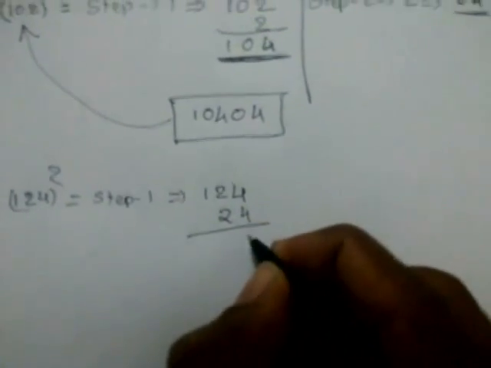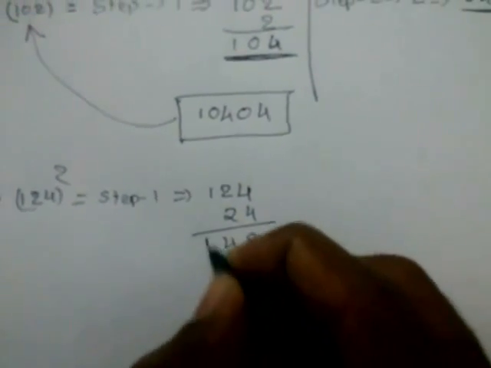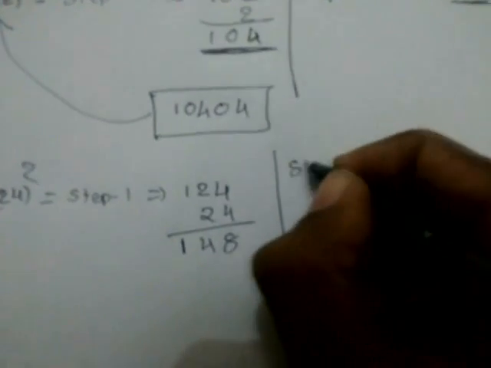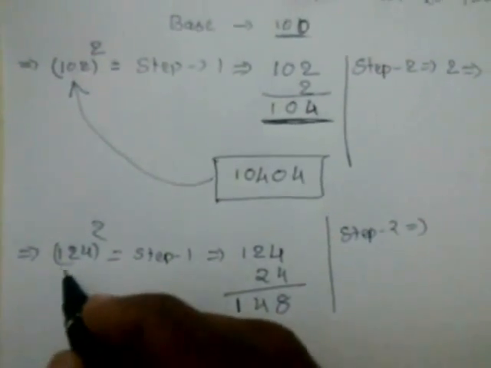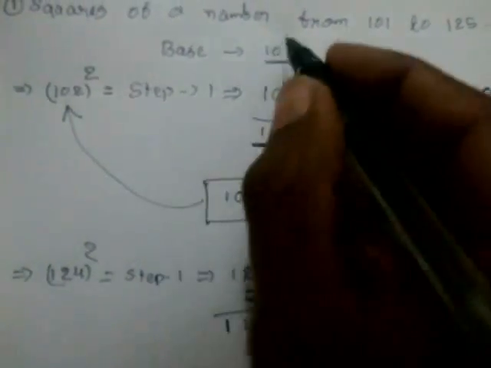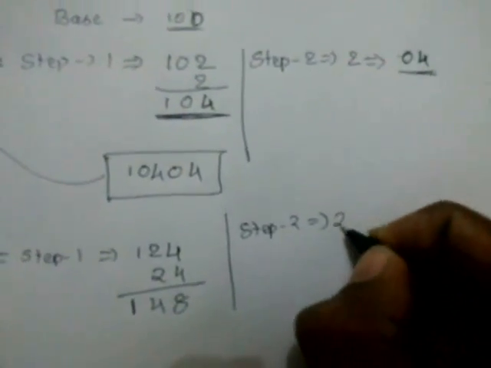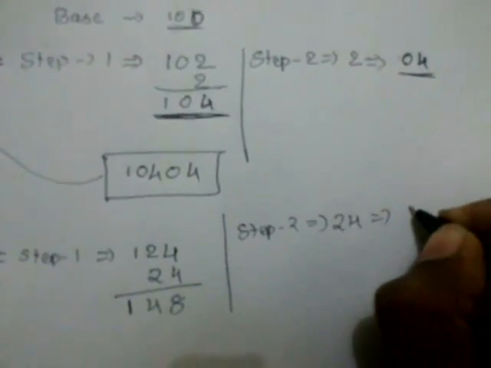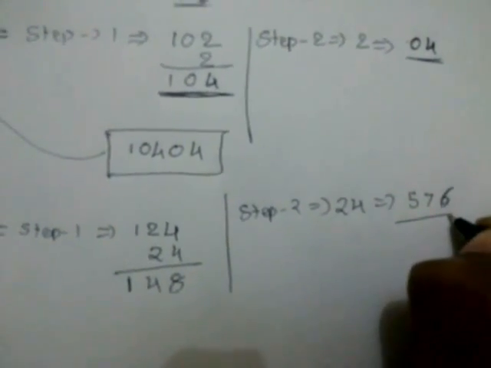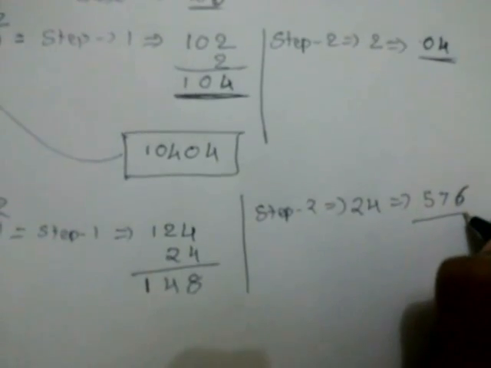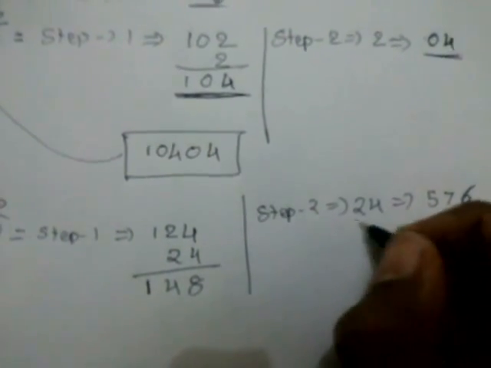So we will add that 24 here, and we get 148. And in step 2, the difference between 124 and 100 is 24, and the square of 24 is 576. Here we get 3 digits by squaring this number.